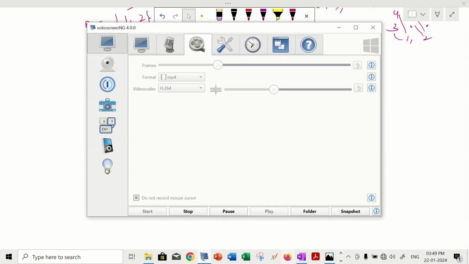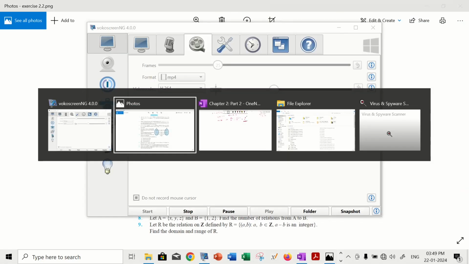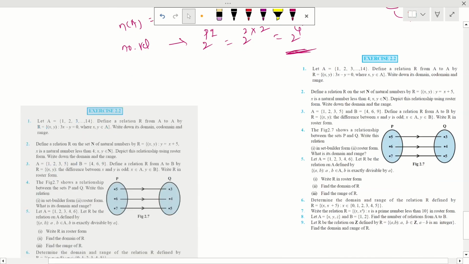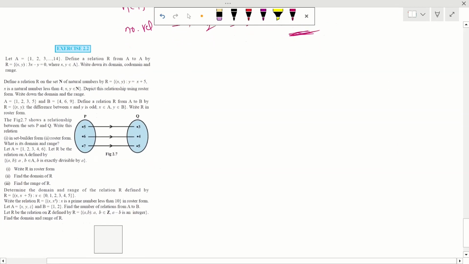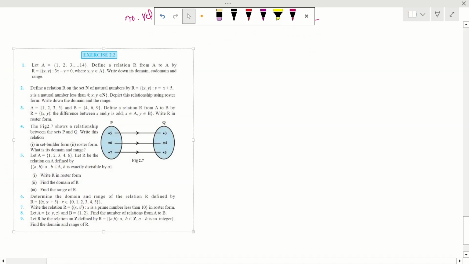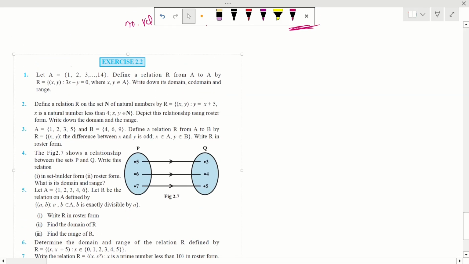I just copied that exercise. We'll be solving problem 2.2. In this exercise 2.2 we will solve all these problems.